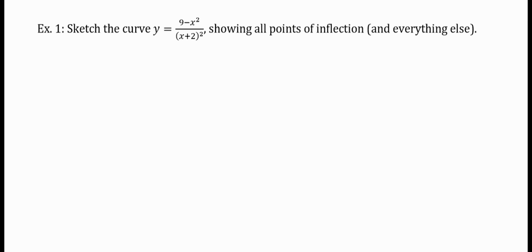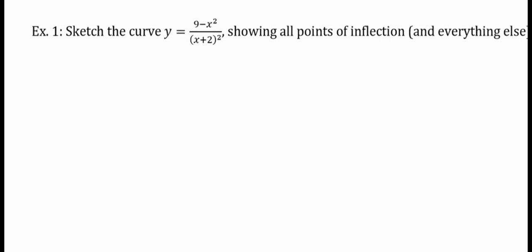What else do we always have to show when we're sketching? Intercepts, asymptotes. So we have to find all of that stuff. But because it also says points of inflection, we will use the second derivative table, and that will allow us to do everything in a slightly different way.